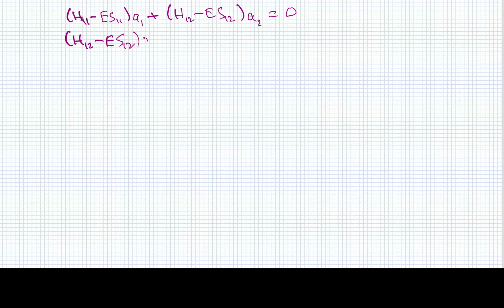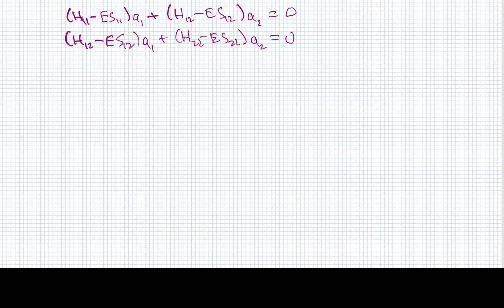All right, so when I write these things down, I'm going to have h11 minus e s11 times a1 plus h12 minus e s12 times a2 is equal to 0, and h12 minus e s12 times a1 plus h22 minus e s22 times a2 is equal to 0.